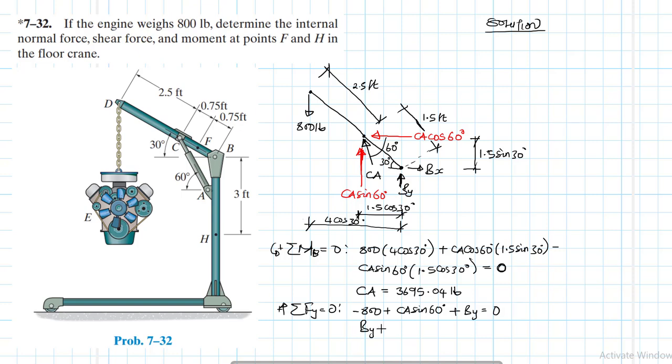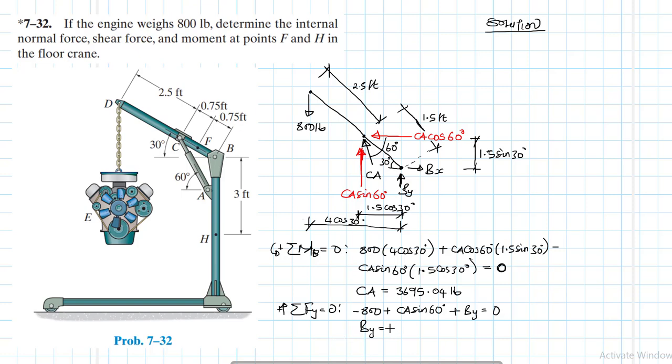Therefore, our By is going to be equal to, let's calculate, minus 800 plus CA, which is 3695.04 sine 60.